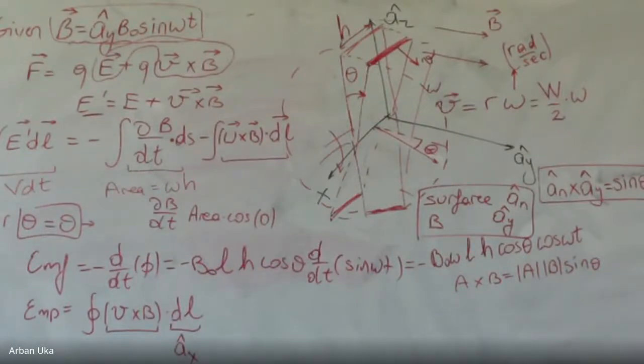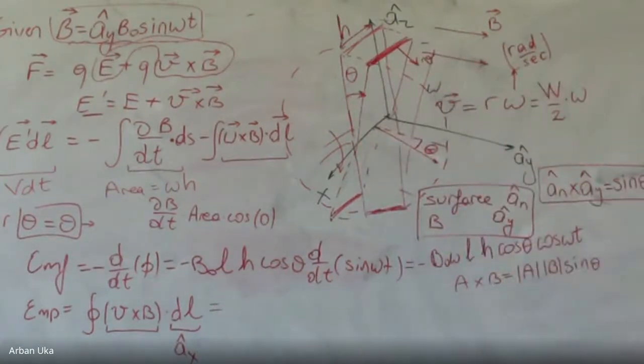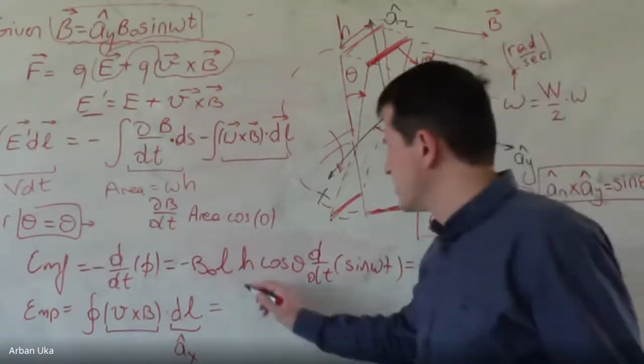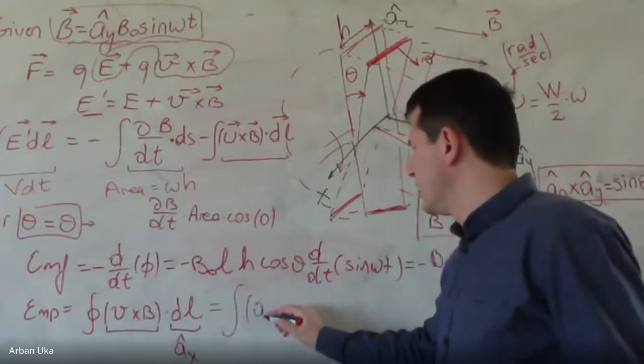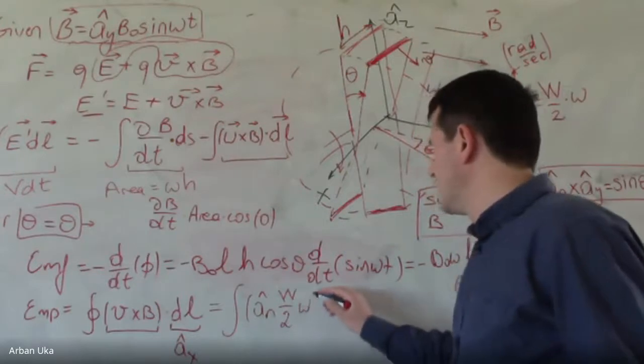Okay, so once we enter all of these results here, finally we can write the following. This is going to be equal to the AN times the W over 2 times omega.